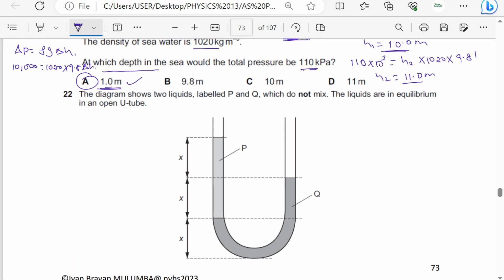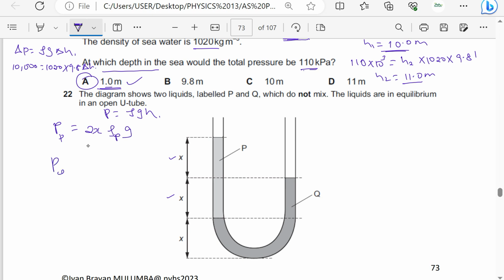So first of all, pressure due to P is going to be equal to density times G times H. I'm ignoring atmospheric pressure because it is the same on both sides. On the left-hand side, this is X and X, that is twice X times the density of P, then times G.